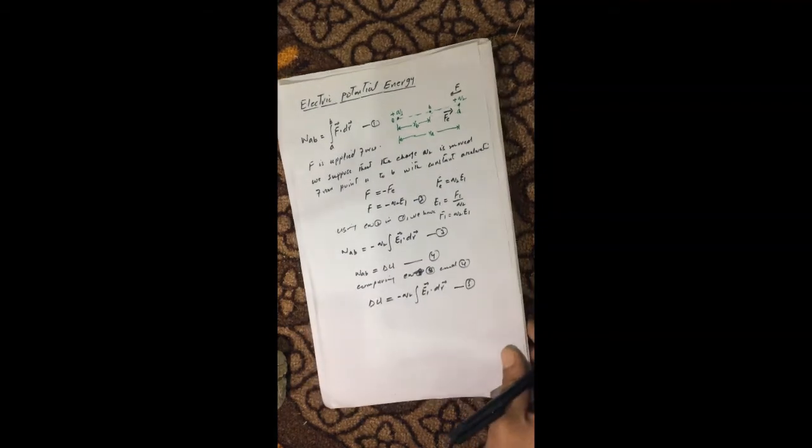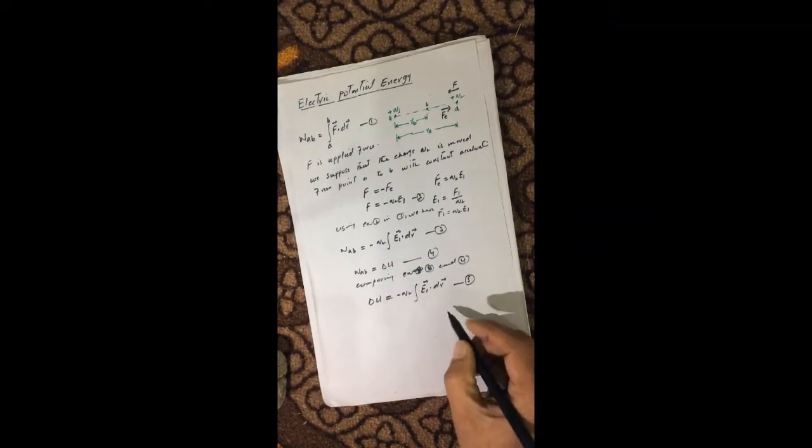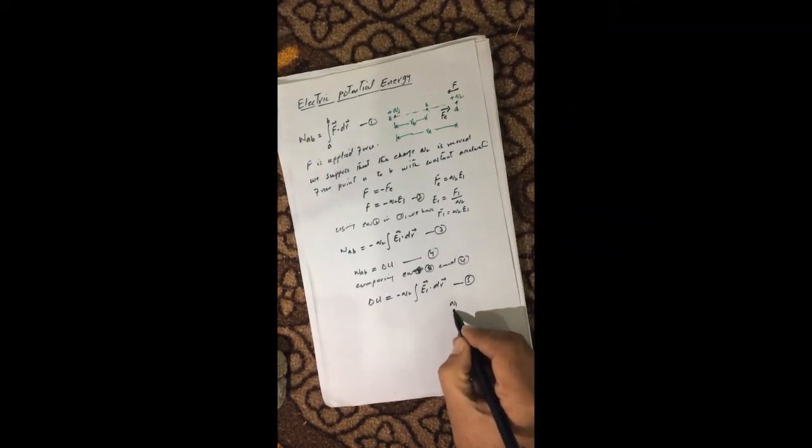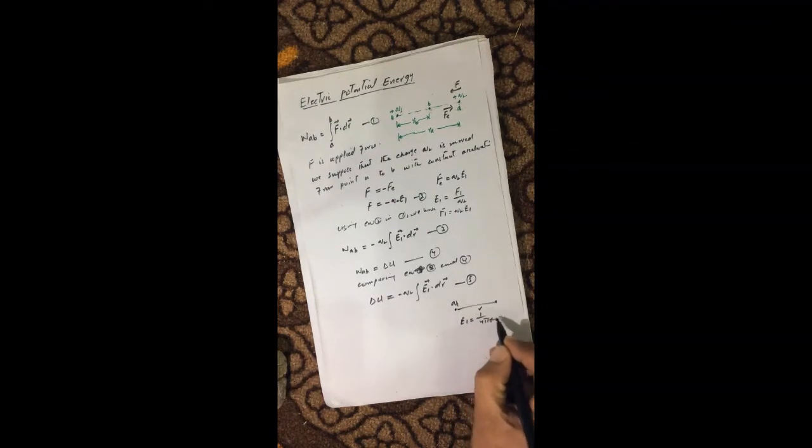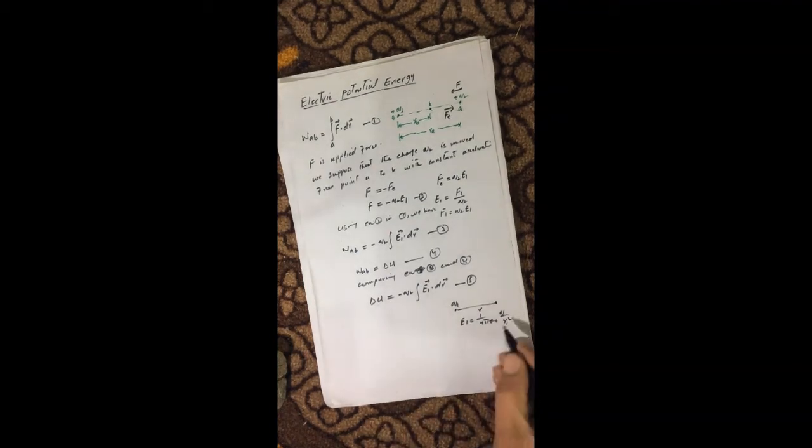Now Q1 is a point charge, and its electric field at a distance r is E1, which is 1 over 4 pi epsilon naught times Q1 over r square.